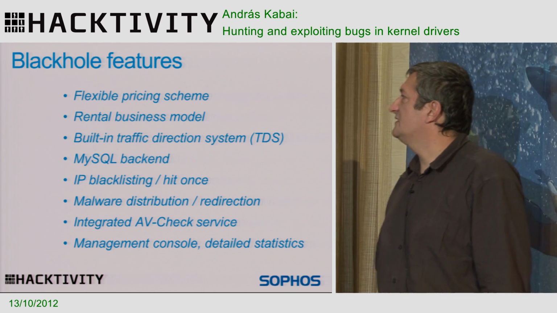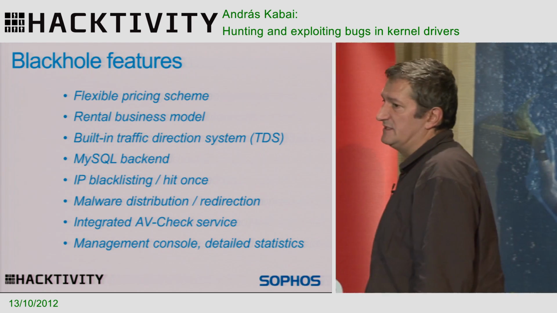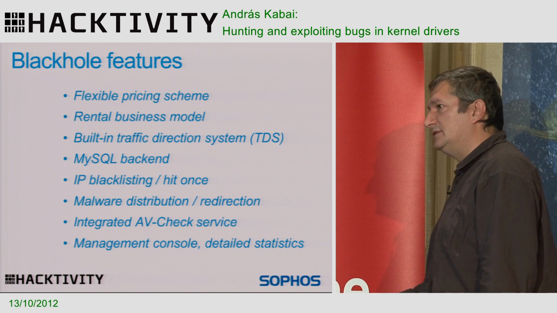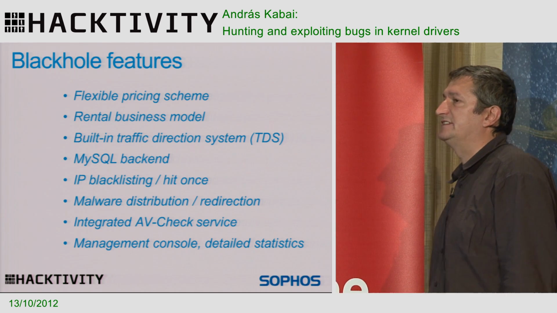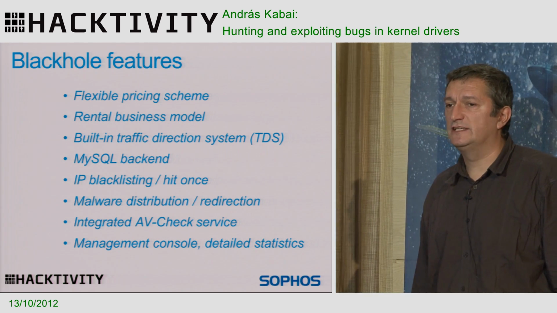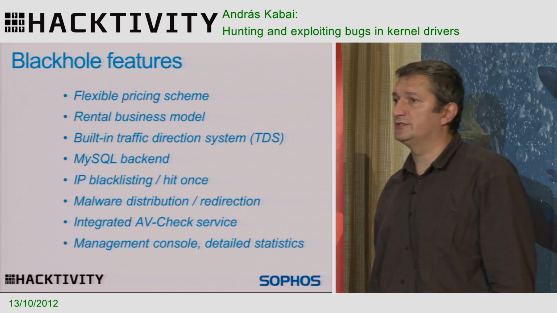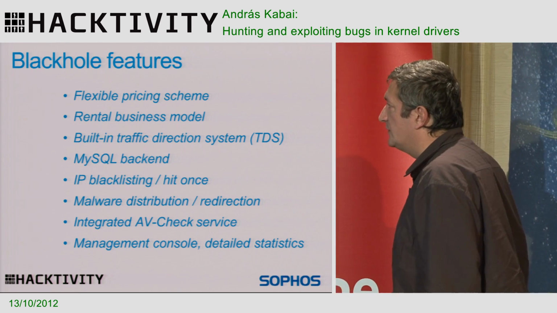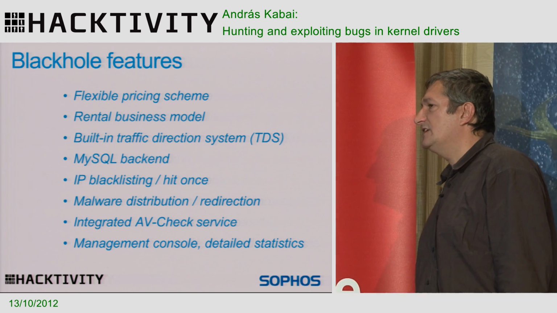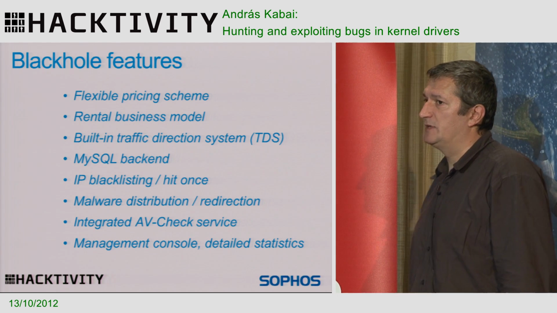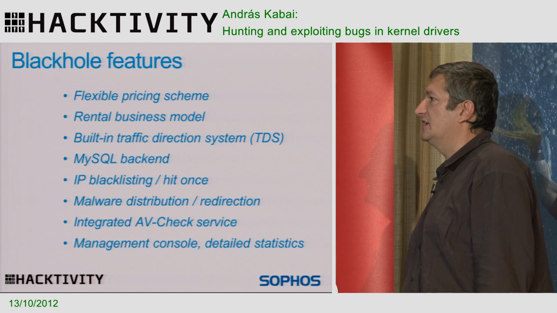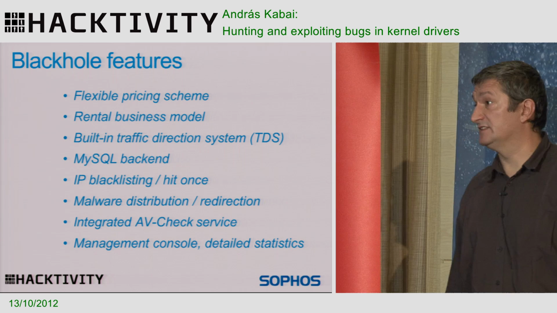It has an integrated antivirus check service. The exploit kit is utilized to distribute some kind of Windows binary malware, usually Trojans, to the victim computers. And it is very beneficial if this distributed malware is not detected by antivirus software at the time it is distributed.